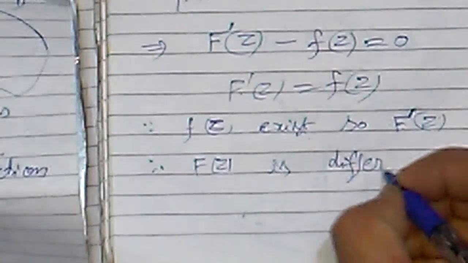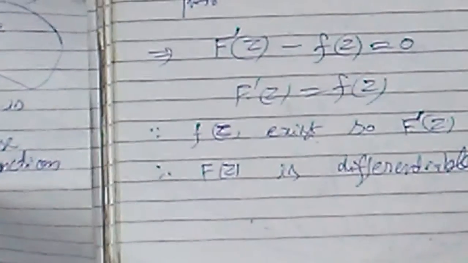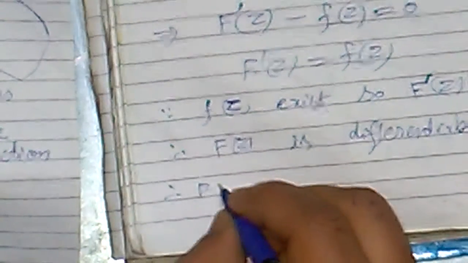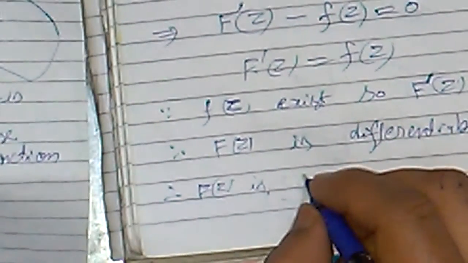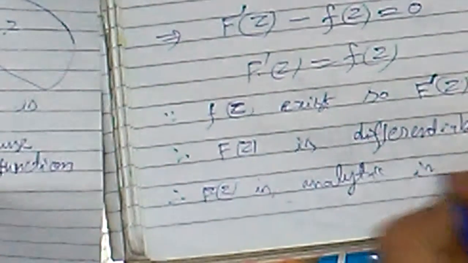Therefore we can say F(z) is a differentiable function for z belonging to D. Therefore we can say that capital F(z) is analytic in D.